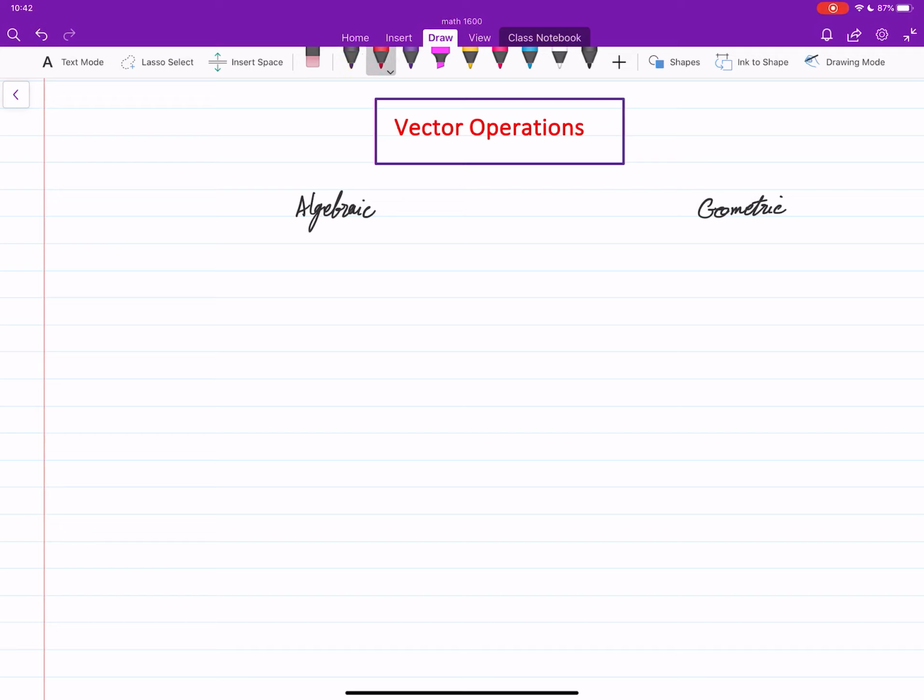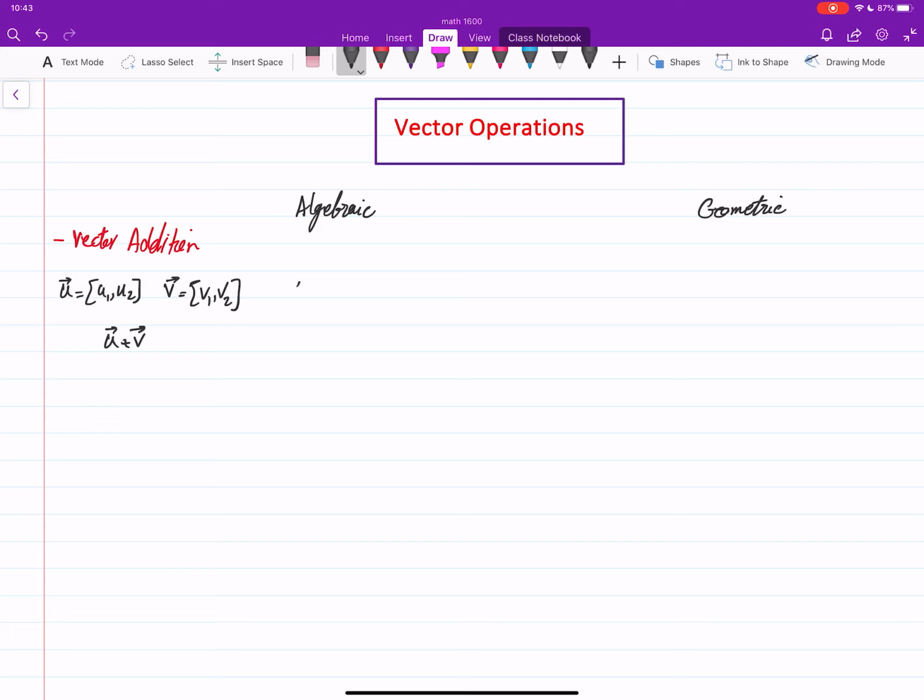Okay, the first operation we have is vector addition. We have two vectors, u and v. u is [u1, u2], and v is [v1, v2]. Then we add these two, and we get a new vector, u plus v.